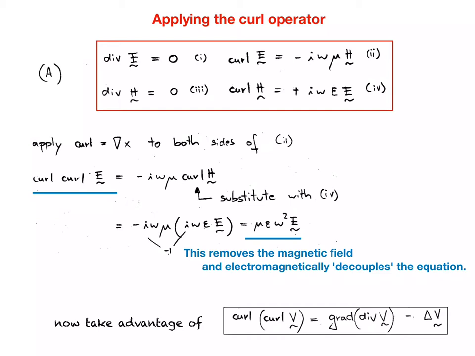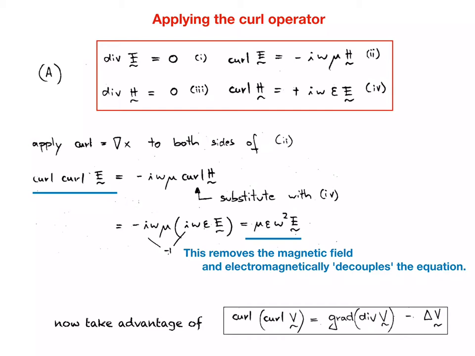We obtain curl of E is equal to minus i omega mu curl of H. The curl of H can be substituted with equation 4, and we obtain further that the curl of E is equal to minus i omega mu times i omega epsilon E. Since i times i is minus 1, the minus sign in front of this term becomes a plus sign, and we finally obtain the equation curl E is equal to mu epsilon omega squared times E. This is a good outcome because it has removed the magnetic field H from the equation, and electromagnetically this equation is now decoupled. It only contains the electric field, E.